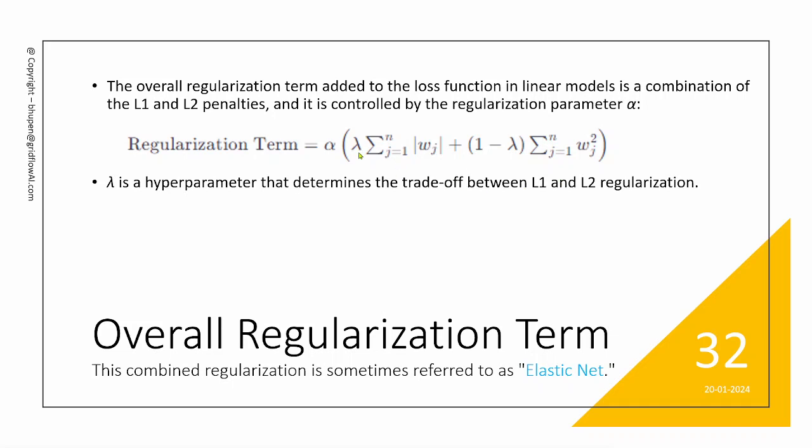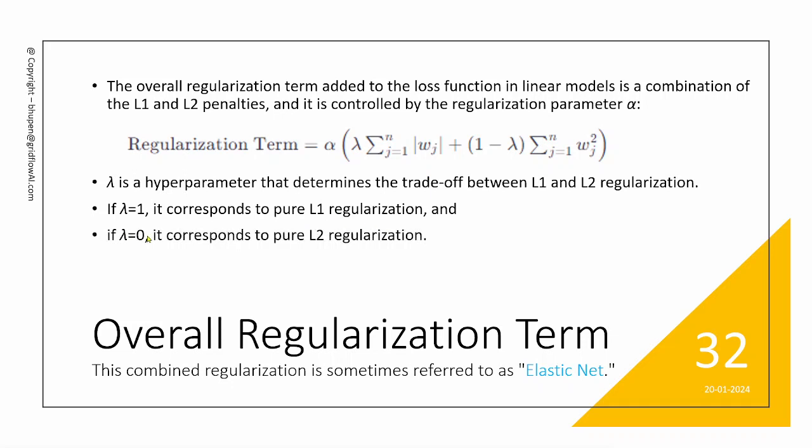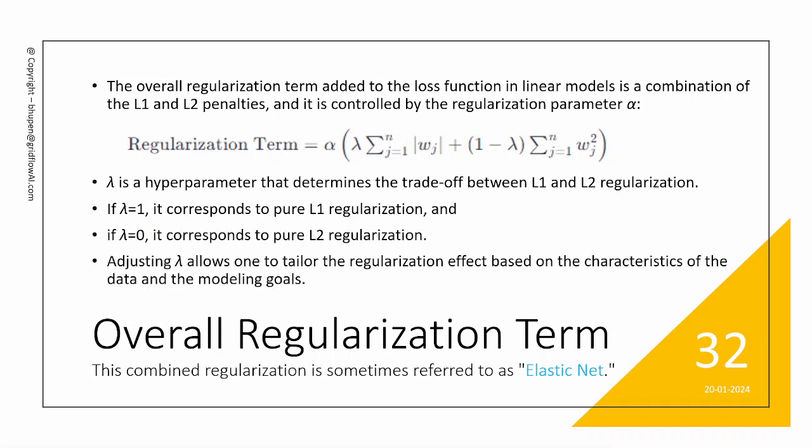So while tuning or implementing, we need to find the optimal value for lambda as well. If lambda is 1, that means it's pure L1 regularization. If lambda is 0, that means it's pure L2 regularization. Adjusting lambda gives you a mechanism whereby we can have both L1 and L2 applied.